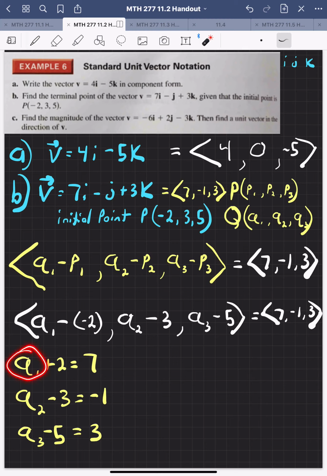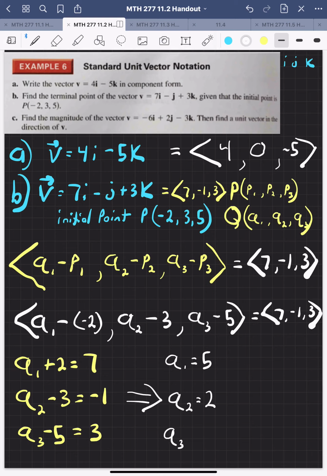At this stage, I can solve for Q sub 1, 2, and 3, and that will be my terminal. All right, so Q sub 1 is equal to, what do we got? 5. Q sub 2 is going to be equal to, add 3, so that's 2. And Q sub 3, add 5, so that's 8. So here it is. Here's your terminal.